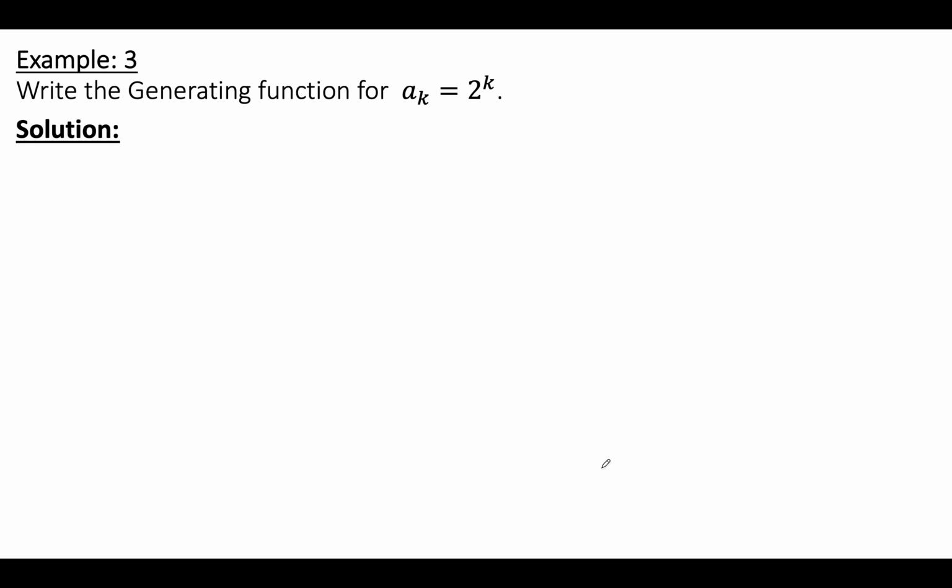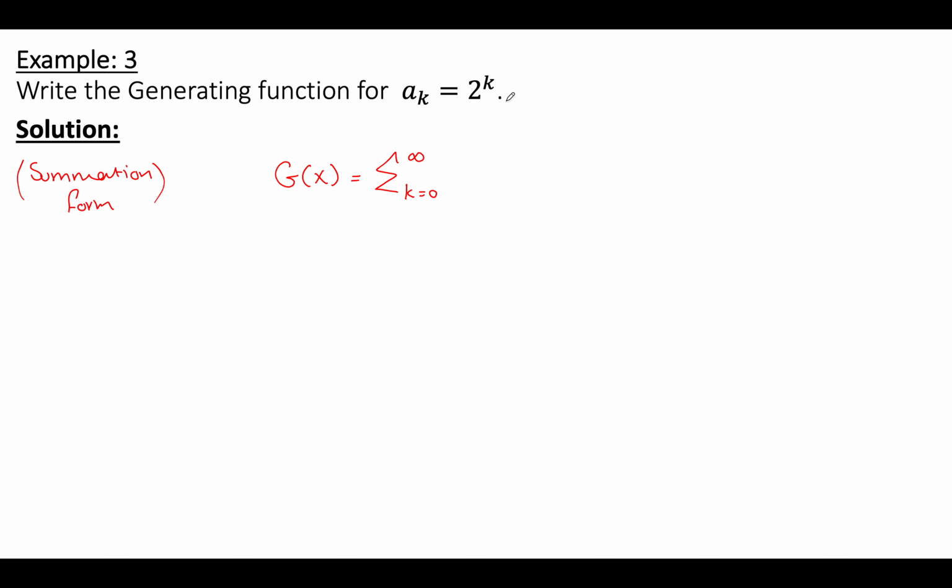Again, the third example is here. We need to find the generating function for the sequence where a_k is equal to 2 to the power k. Again, starting from the summation form, g(x) is equal to the summation from k = 0 to infinity.